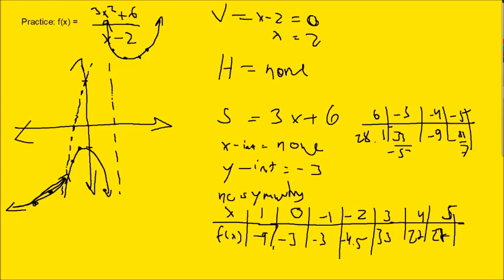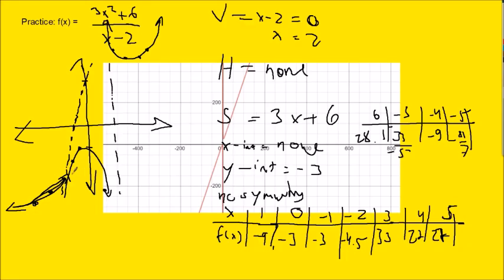This is the graph. Wait, I've got to take a picture and show it. Okay, right there, that's the graph right there. So it was actually supposed to be like this. So this is supposed to be the graph right here.